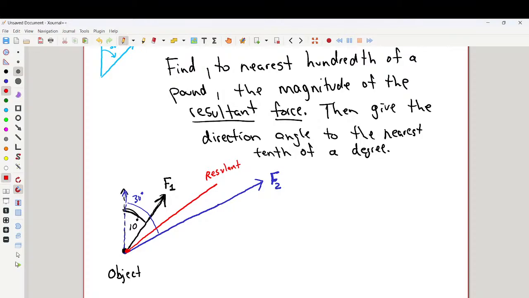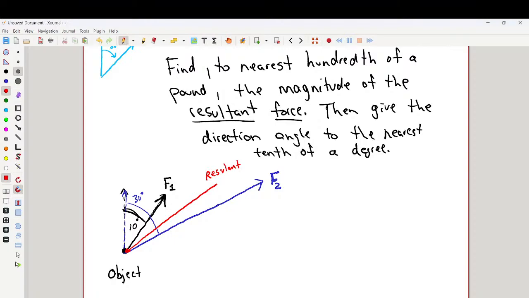If something's pulling that way, if that was the only thing pulling on it, it'd be going that way. But this force is pulling on it this way, and it's pulling stronger. So it's not quite right in the middle, because if they were equal strengths, it would definitely go right in the middle. That's just my human sense of it. But this is a stronger force. That's its magnitude. It's got more force. So it will be pulled, generally in my mind, in that direction.